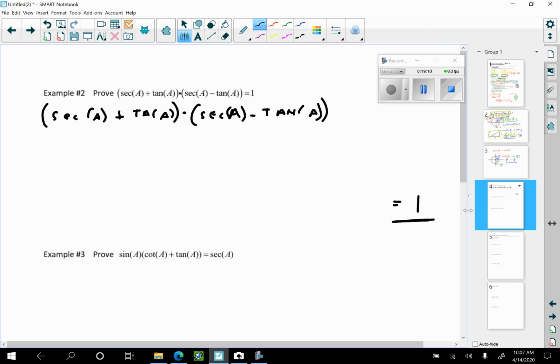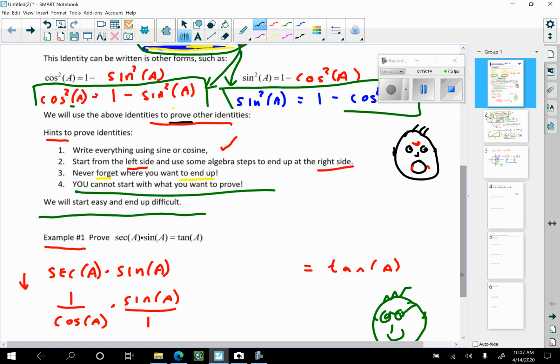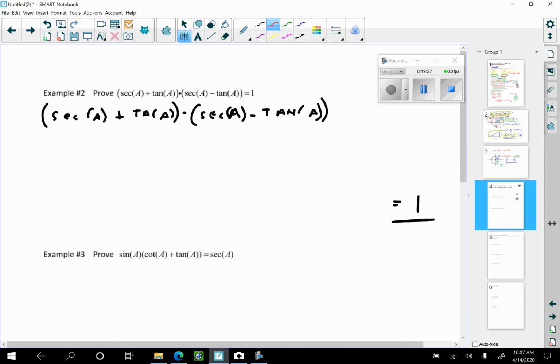And if I go back to my hints, what's the number 1 hint that I had? Write everything using sine and cosine. All right. Let's do it. Let's write everything in sine and cosine. Well, what do we know? We know that secant is 1 over cosine.